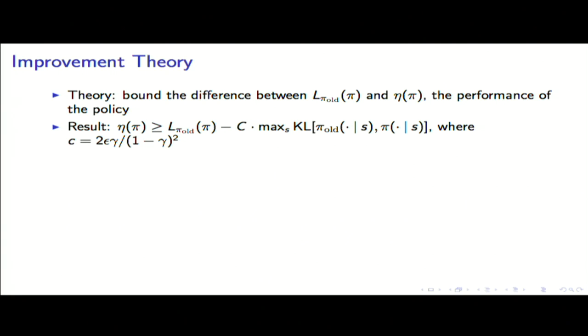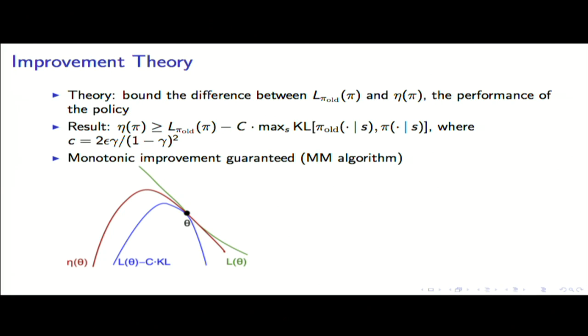I'll show a little plot that'll make this more clear. Let's say our true objective is eta. That's the red curve, and we're trying to maximize it. That's the performance of the policy. Then we can make a local approximation to the performance of the policy called L. That's this green curve over here.